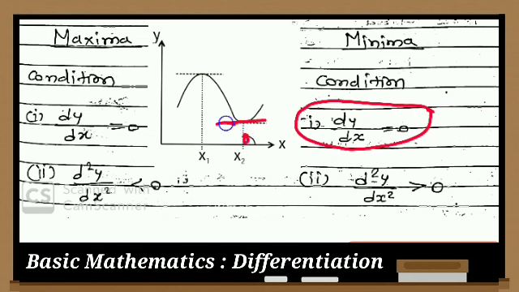We have to move in the left direction, that means in this direction, and when we move in the left direction from 0, we will get minima. Now what is the curve in the left direction? This is the curve in the left direction. So we make a tangent to this curve. This is the tangent, and it makes the angle theta here.